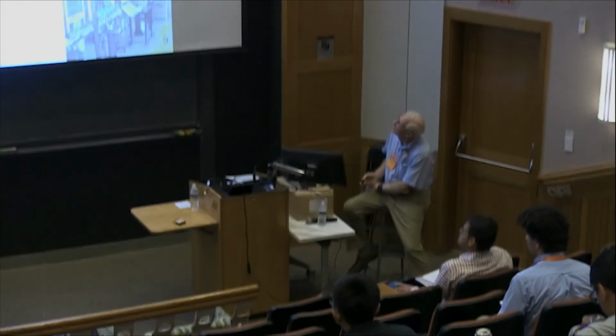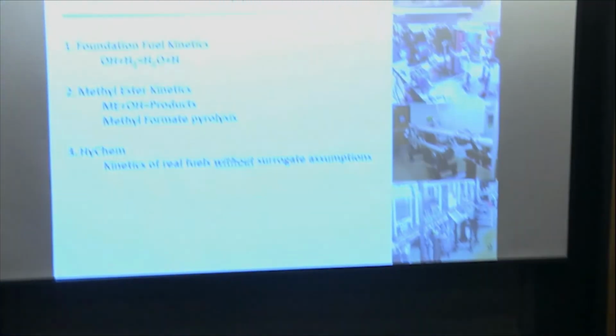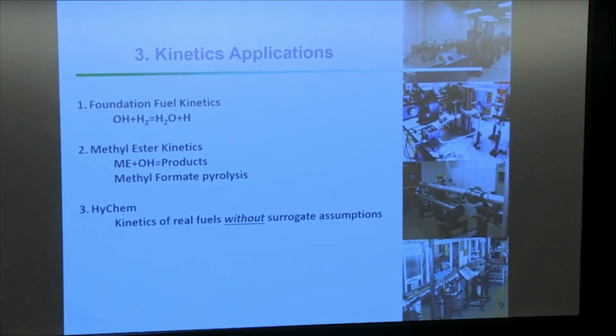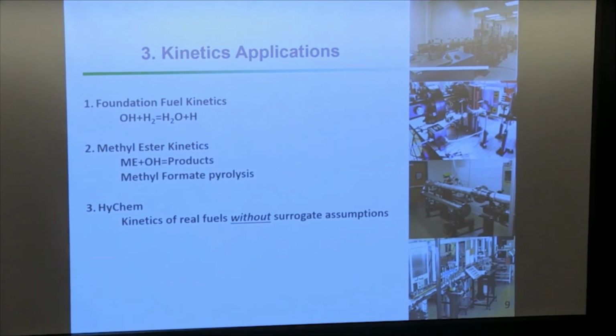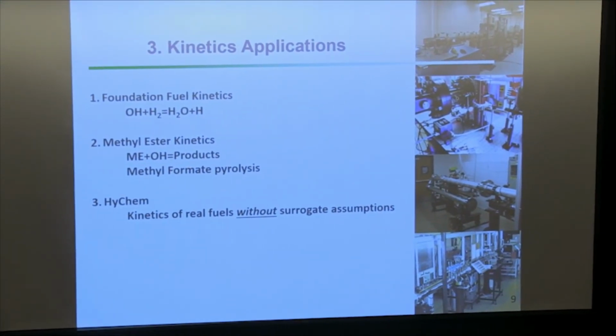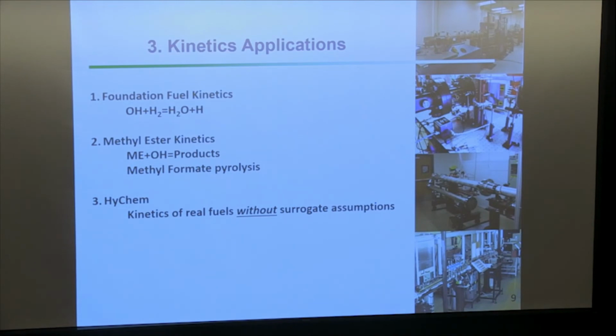So I'm going to show you 3 types of kinetics now. Foundation field kinetics, methyl ester kinetics, and then something about our method called Hi-Chem. Up here I've got a few different shock tubes. This is the one that I showed you earlier today.